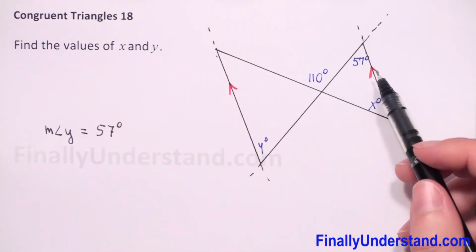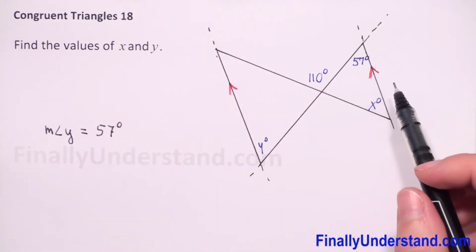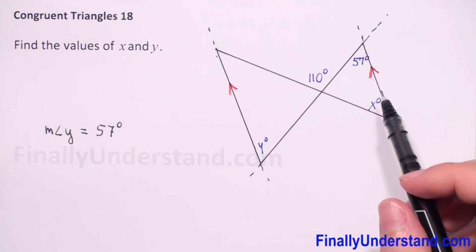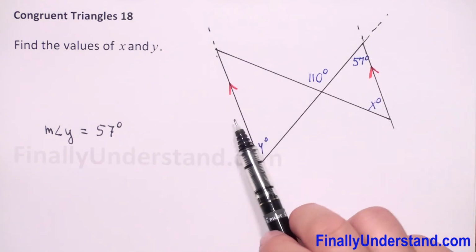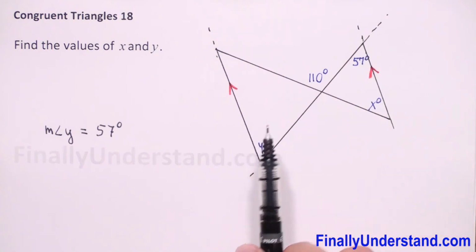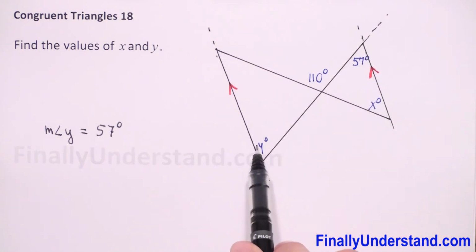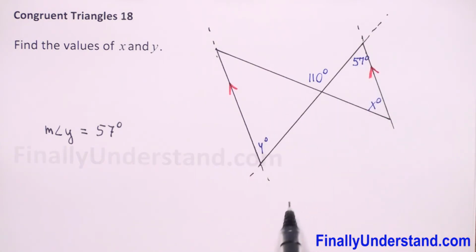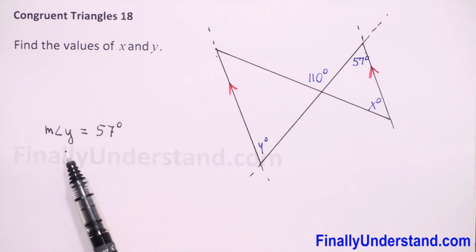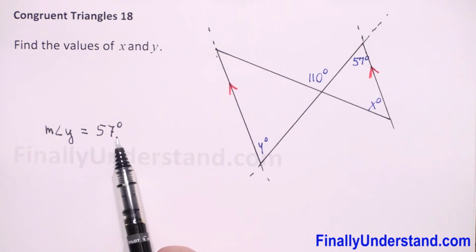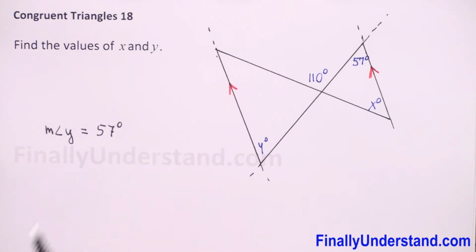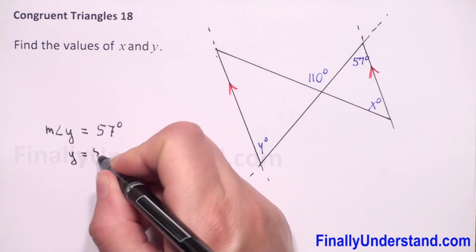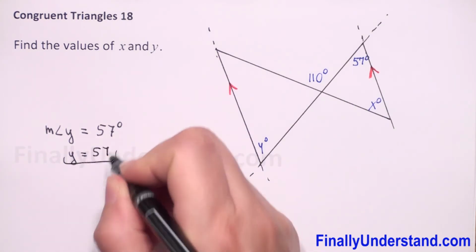Let me remind you that alternate interior angles are angles which are between these two lines and on opposite sides of our transversal. So we found that the measure of angle y is 57 degrees. So y is equal to 57.